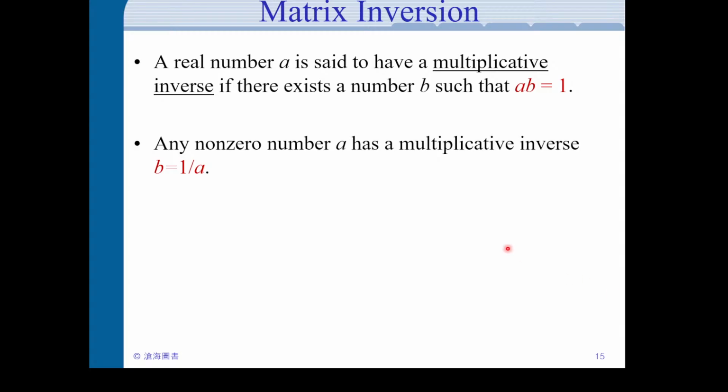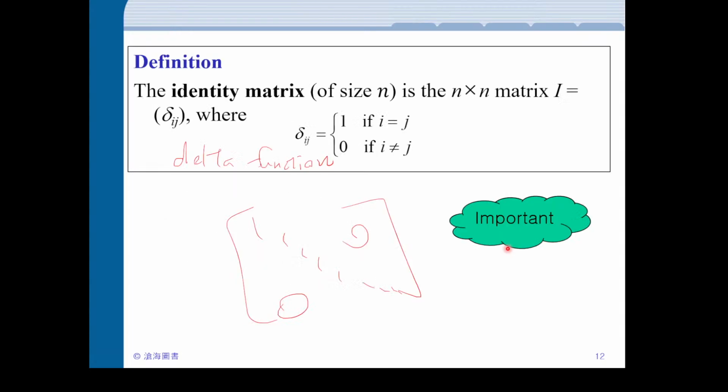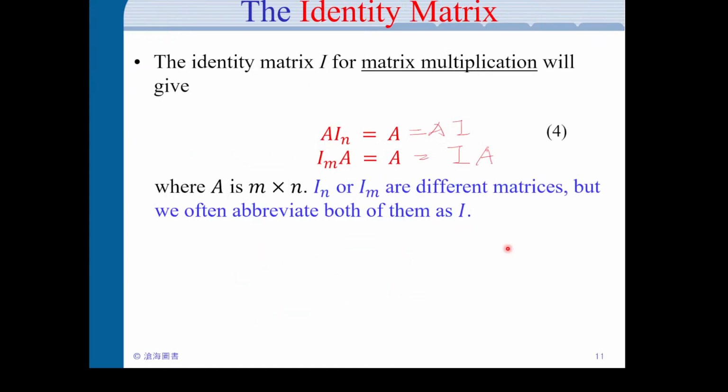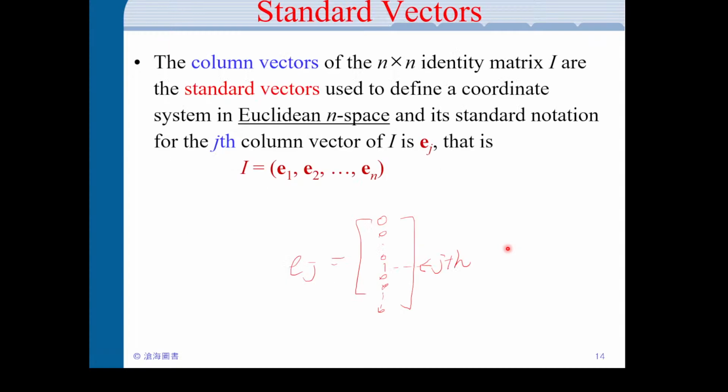Okay, let's go back to linear algebra. Let's do more math. We have a lot of notation, and it's important to remember what the identity matrix is and what the standard vectors are.